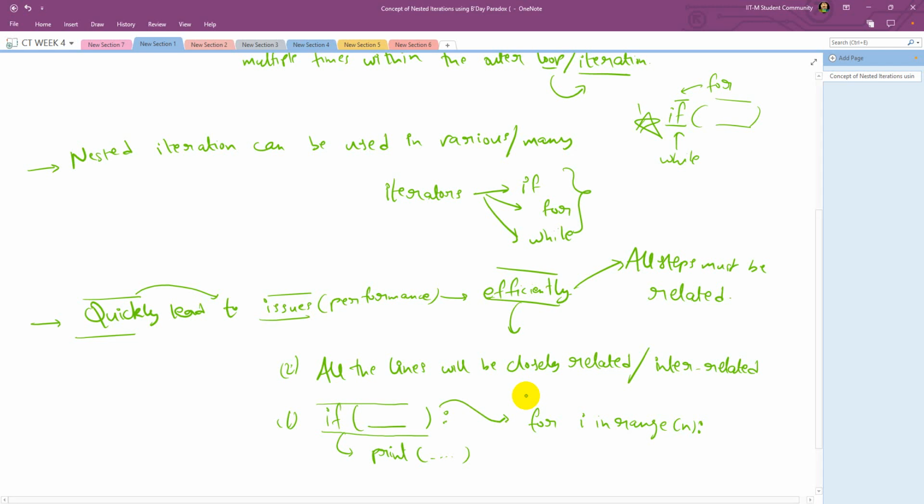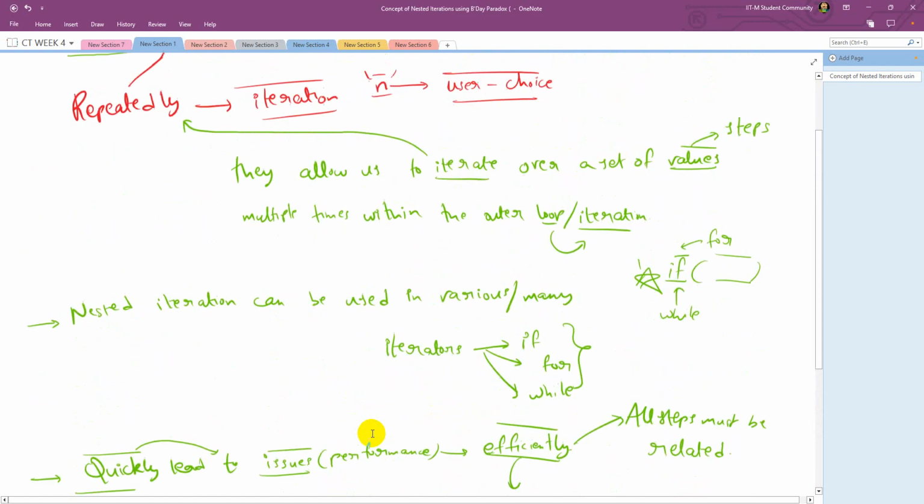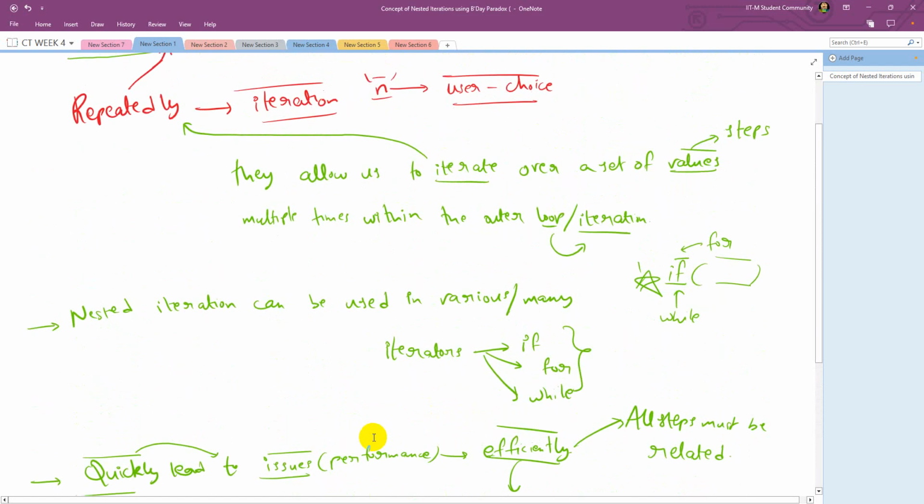So I can tell this to be inefficient because these are 3 in total and this might go out of range. Out of range means for i in range 5, let us think 5, then we may get 6, but where is the range for i? So this is how I am telling you that this is inefficient. In this way I can tell you what inefficient and efficient mean.